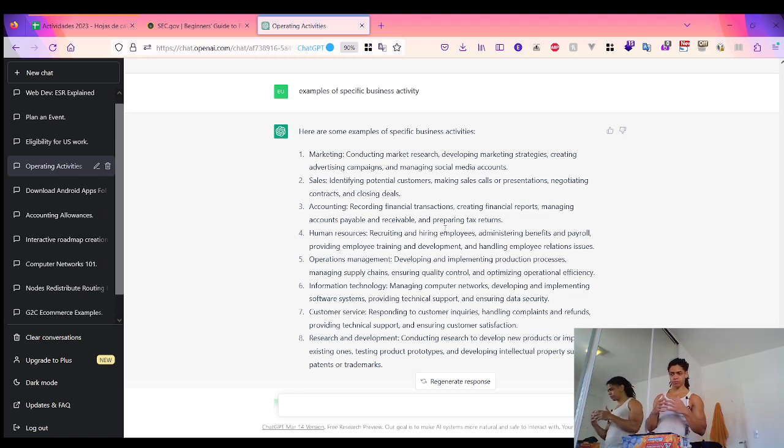I didn't know that they had that. So the TLDR of human resources is recruiting and hiring new people, managing payroll and benefits, providing employee training and development, and handling employee relationship issues.